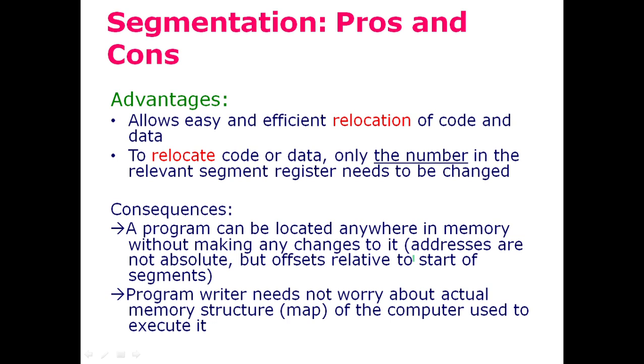When a program is relocated to a different location, only the code segment number is changed in the code segment register, but the relative addresses are not changed. This allows us to relocate the program anywhere in the memory. So relocation is a good feature, and it is quite useful for writing programs. One must not worry about the memory addresses.